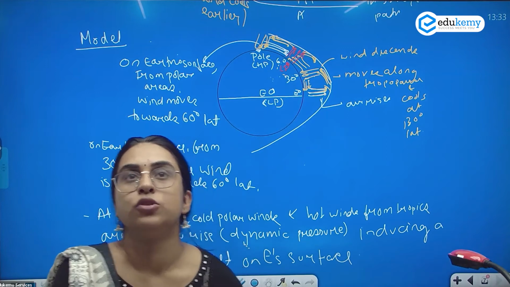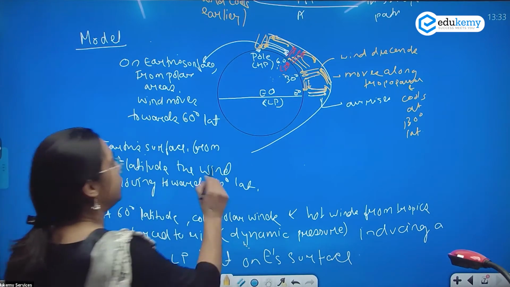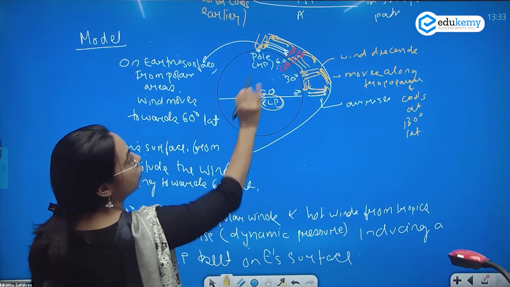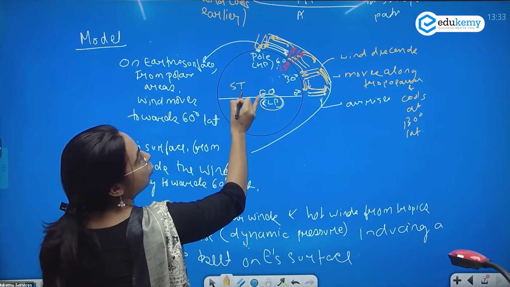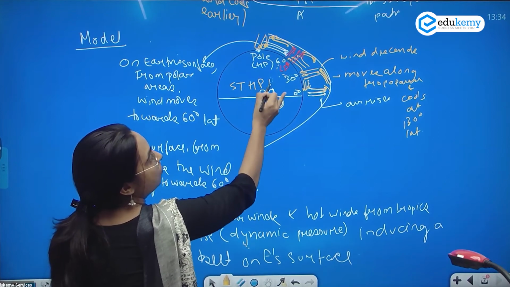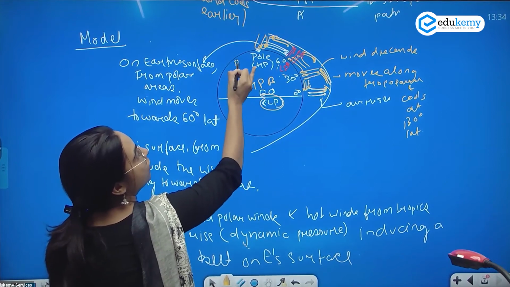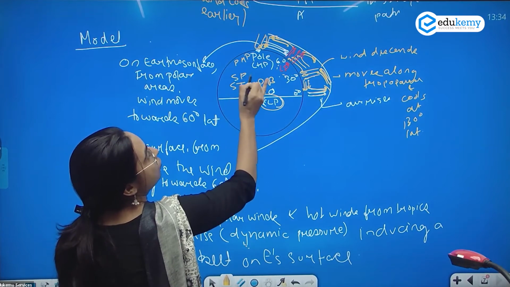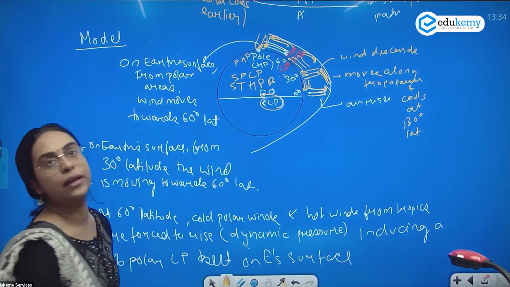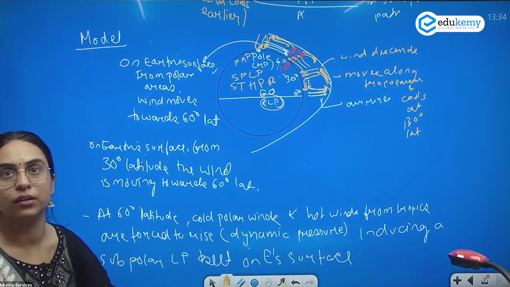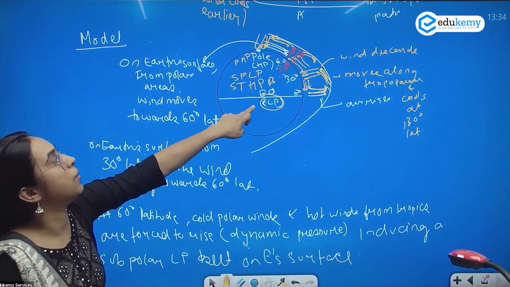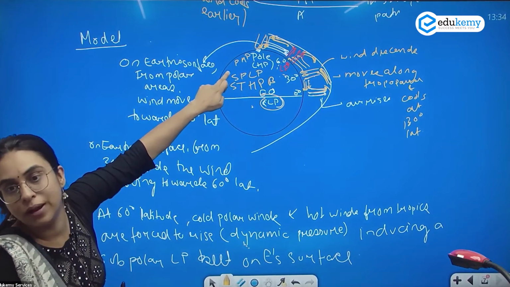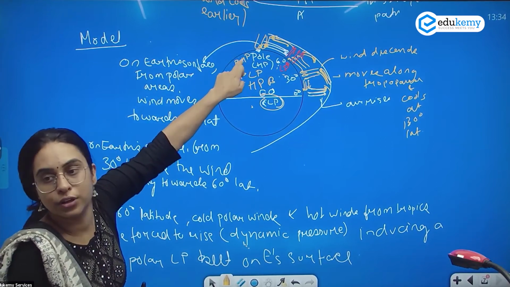Okay. So at 30 degree, will there be high pressure? Yes. At the equator, you have low pressure. At the subtropics, what do we have? Subtropic high pressure belt. At the pole, we have a polar high pressure belt, and at the subpolar region we have a subpolar low pressure belt. Yes, Shweta, yes, Priya. You have an equatorial low pressure belt, subtropic high pressure belt, subpolar low pressure belt, and a polar high pressure belt.